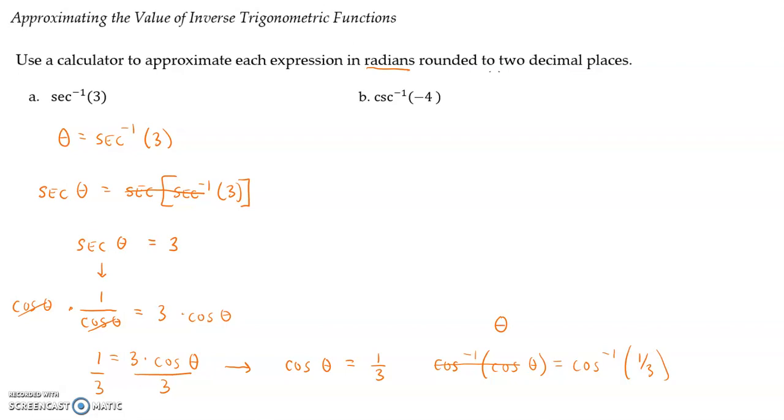And we're going to end up with theta is equal to inverse cosine of 1/3. And this is what we're going to be typing in to our calculator. Again, make sure it's in radian mode. And when we do that, we're going to get 1.23 as our radian value.